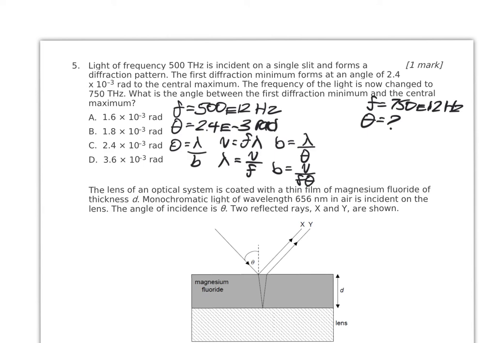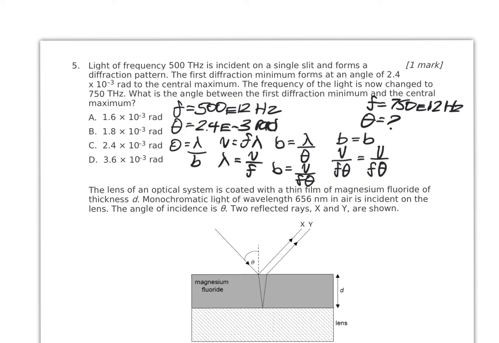For the original frequency and angle, that slit width is the same slit width when we change the frequency later.